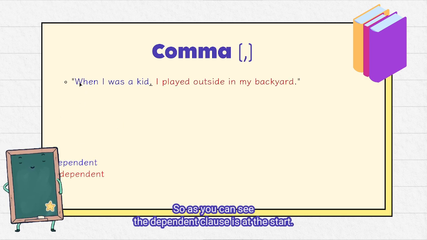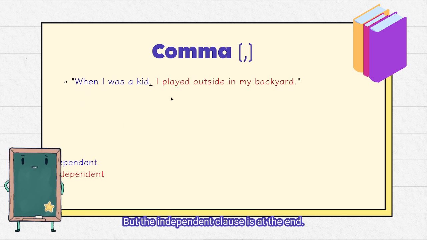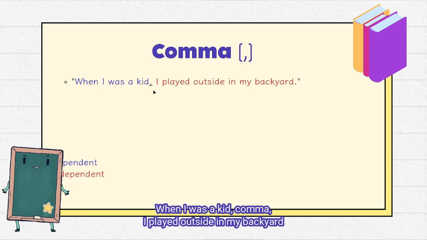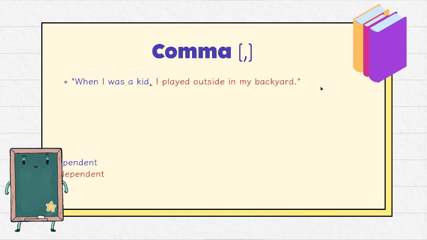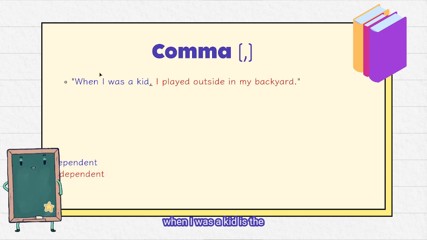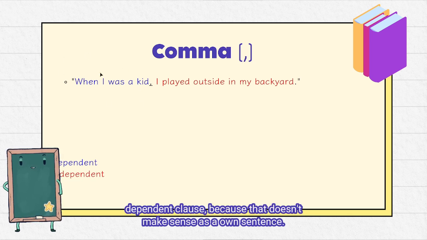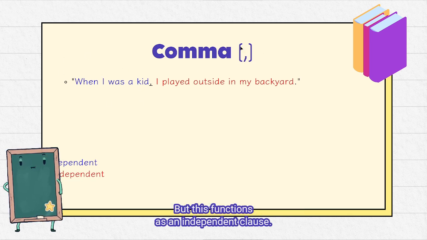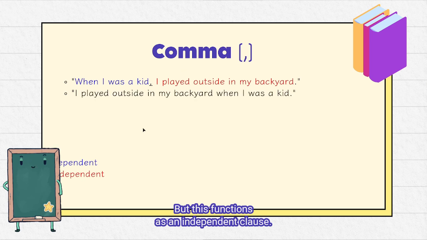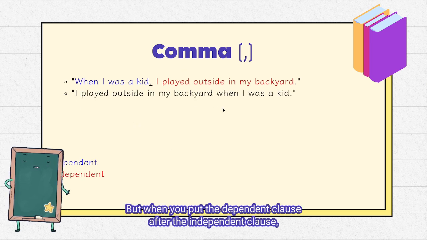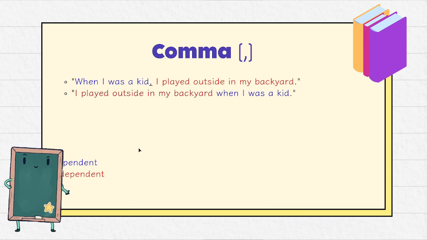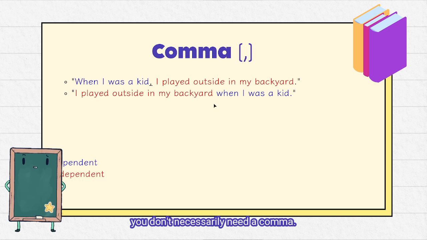As you can see, the dependent clause is at the start, but the independent clause is at the end. "When I was a kid" is the dependent clause because that doesn't make sense as its own sentence, but this functions as an independent clause. But when you put the dependent clause after the independent clause, you don't necessarily need a comma.